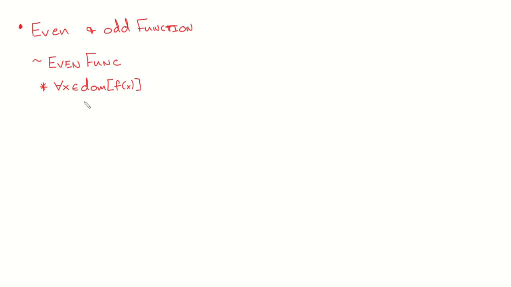For all x in the domain of a function, it's even if, when we plug in f of negative x, it spits out the exact same thing as f of x. That's it. If for all x values, if you plug in negative x, it spits out the same function that you started with, you have an even function.